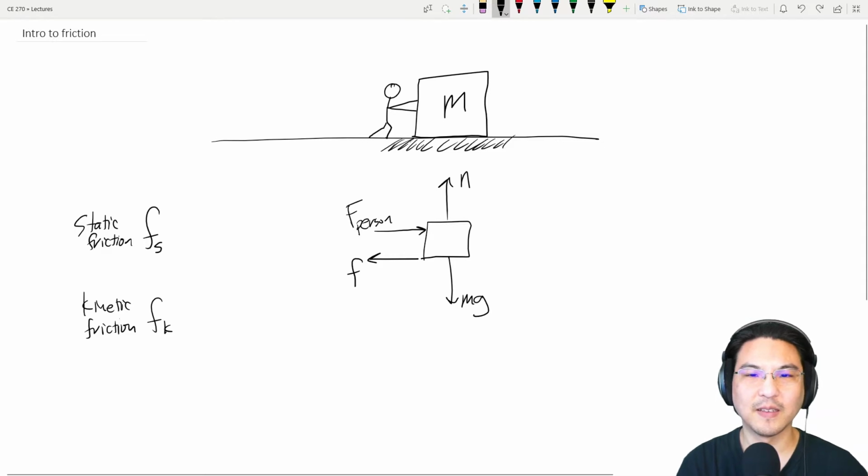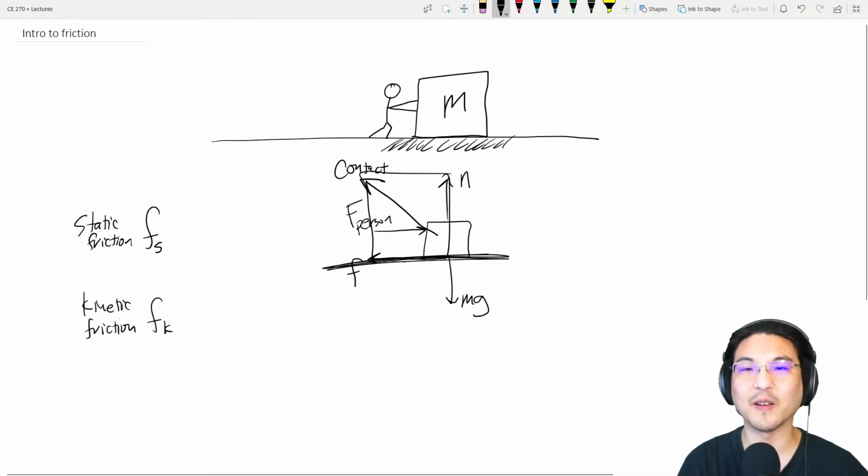And what happens is there is a contact force. So the normal force is the component of the contact force normal to the surface, and friction is the component of this contact force along the surface, parallel to the surface. And it turns out that the two components of the contact force are just directly proportional to each other.